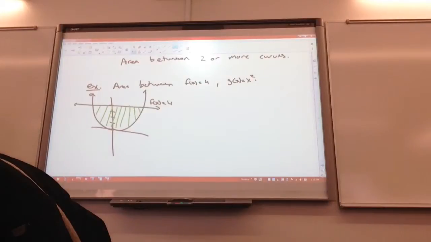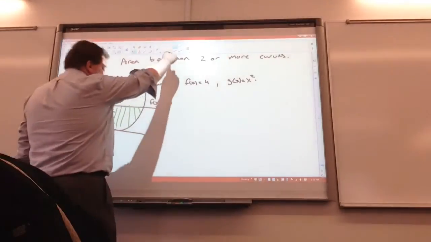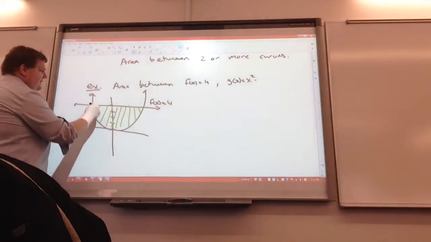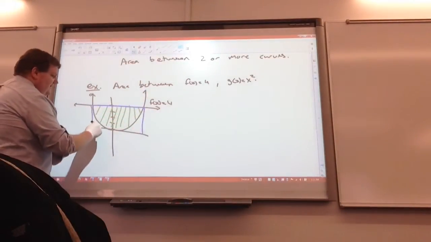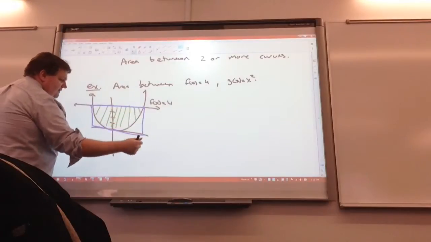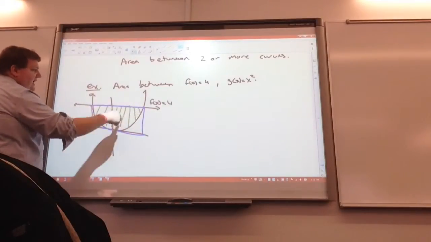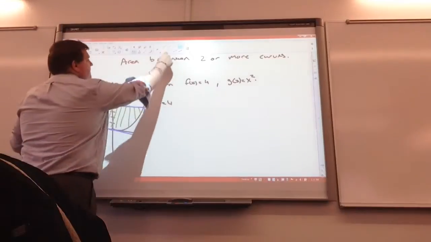You calculate the distance between the left side of g of x and the right side, so you get the area underneath the curve, and then you subtract that from the total square area. Okay, so you find the area of this whole thing in blue, and then subtract the area underneath x squared from it?